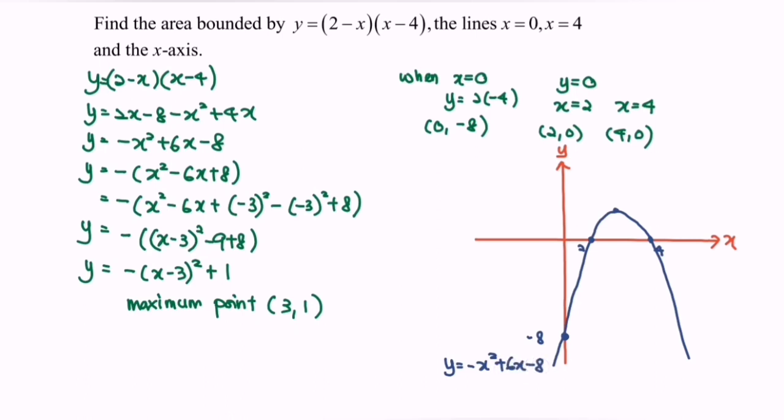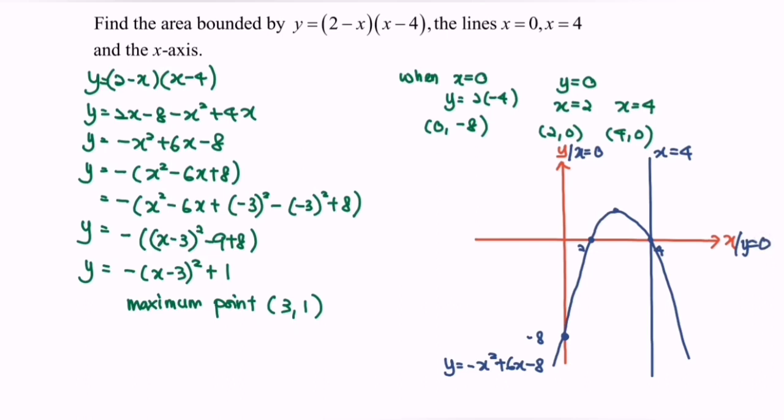Next, kindly sketch the line x equals 0, where we have the y-axis. Next, x equals 4. Then we have the x-axis, where we have y equals 0.